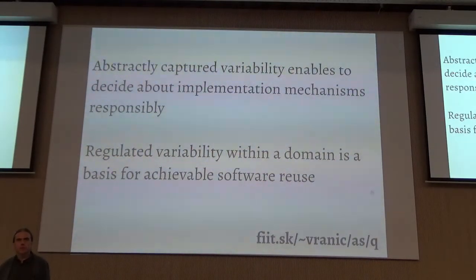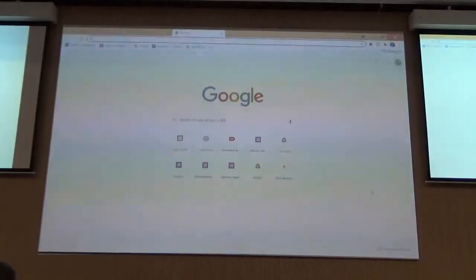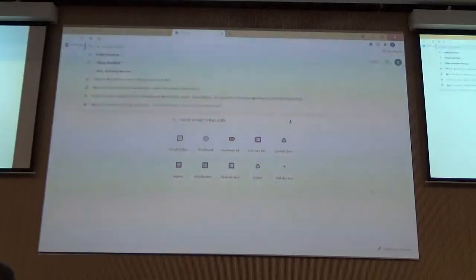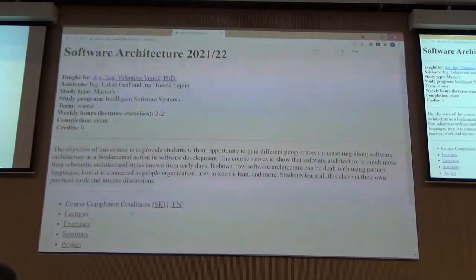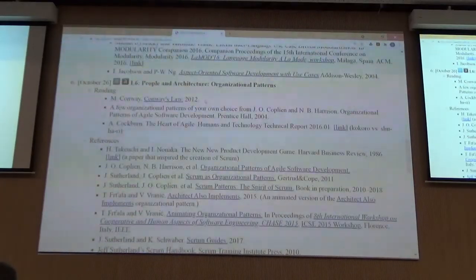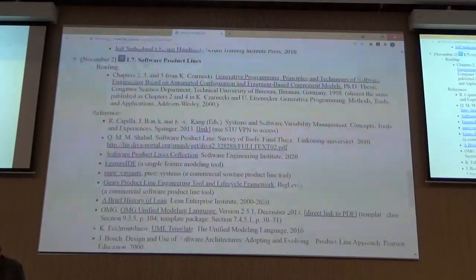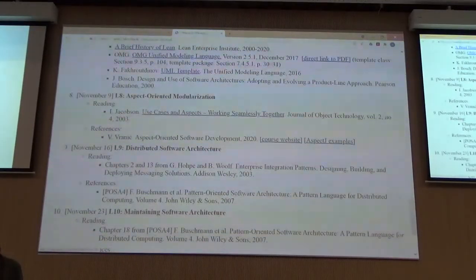We will continue with, actually let's have a look maybe where we are. So here we had our 7th lecture, software product lines, and there are 2 remaining lectures like this, mostly me talking to you: aspect-oriented modularization and distributed software architecture.